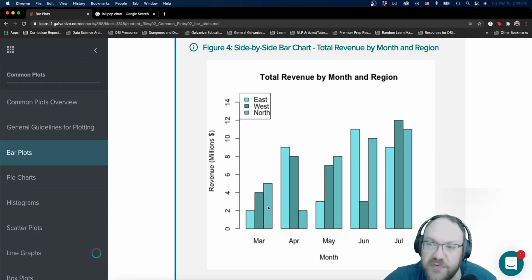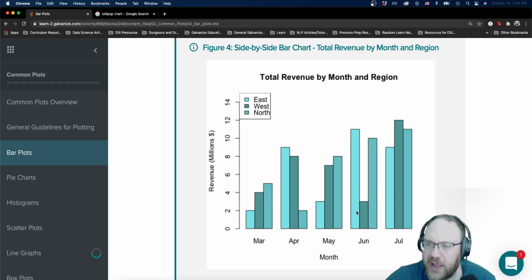It's more difficult for me to see the total amount, right? I can judge the total area amongst the 3 bars, but if you look at a month like June, for example, it's difficult to guesstimate exactly what that total is. So that's the drawback to using a side-by-side bar chart or bar plot.